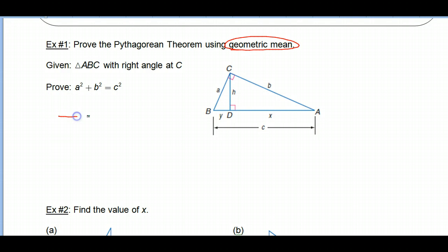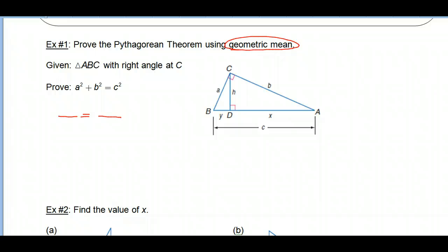Y over H equals H over X. The H is fine, but we want to work mainly with A and B. We're trying to get a squared plus b squared equals c squared, so I want to get them equal to the same thing. Want to try again, Sarah?